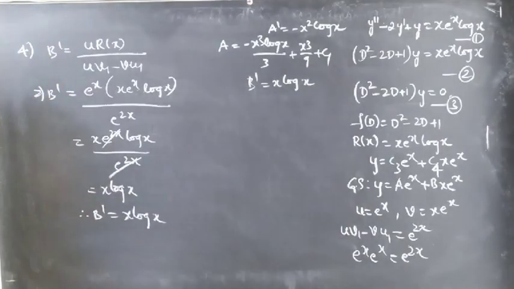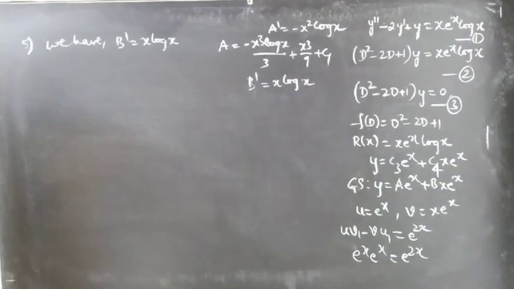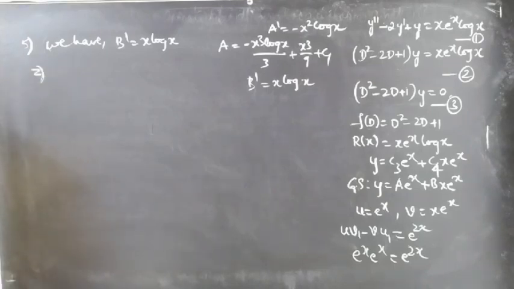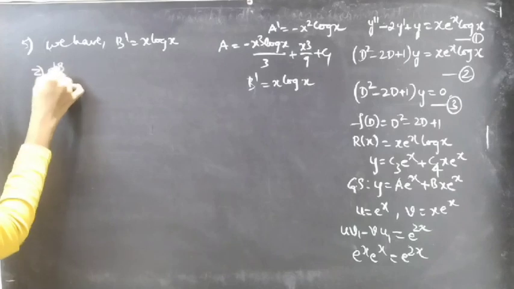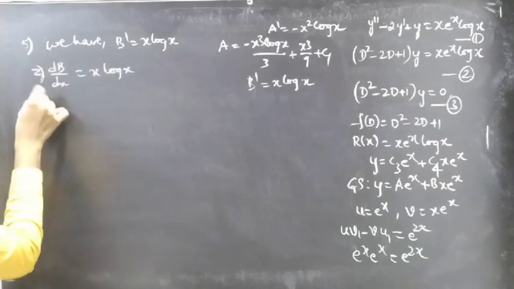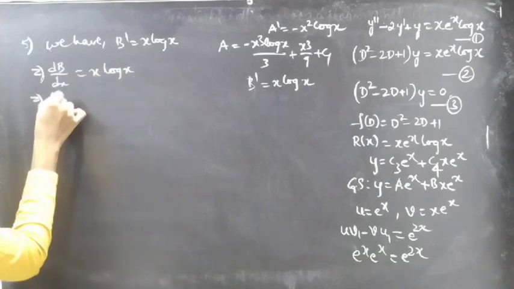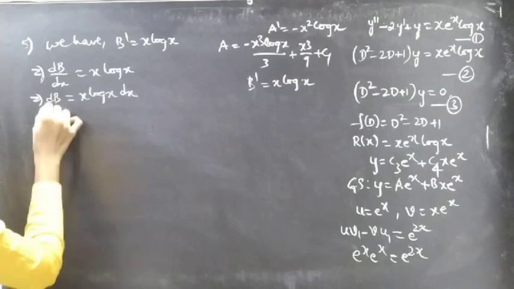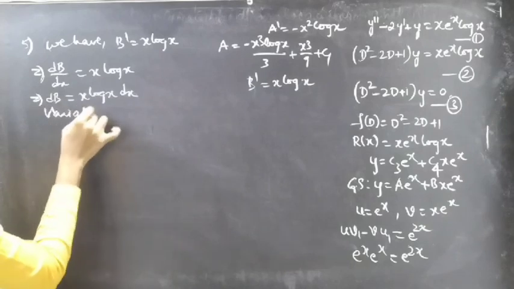Let's now find b. We have b dash equals x log x, right? B dash is nothing but derivative of b with respect to x. Now let's separate the variables by taking differential dx to RHS. We'll get db equals x log x dx. Here the variables are separable, so we can perform integration.